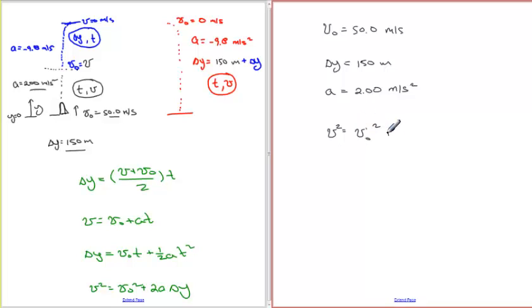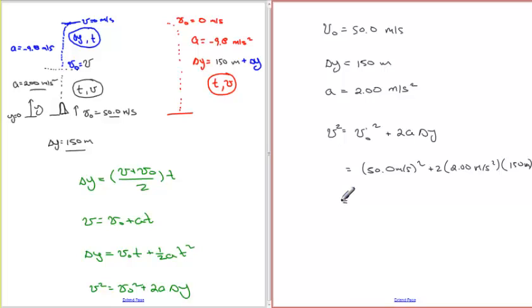V0 squared plus 2A delta Y. V0 is 50. So that's 2A, which is positive 2.0 meters per second squared, times delta Y, which is 150 meters.